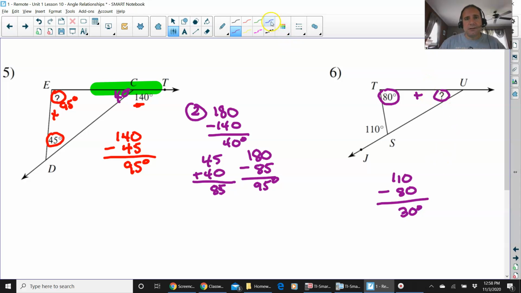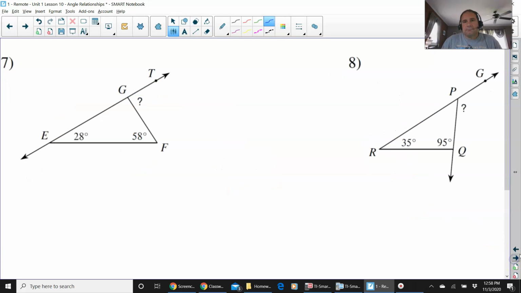And this is 30 degrees. Let me erase this question mark circle around the question mark, and this is 30. 80 plus 30, you could check it, it's 110. So two more, 7 and 8, try them, press pause now.